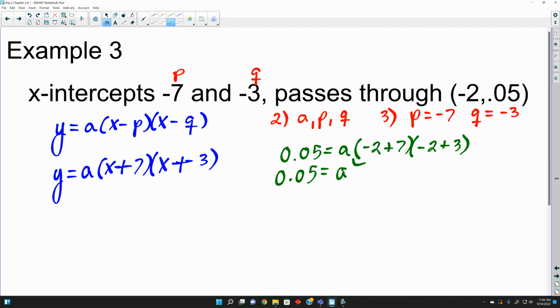Now we can do this by hand, or, since these two are just being multiplied together, we could type that in, and the calculator will multiply them together for us. If we did this by hand, -2 plus 7 is 5. -2 plus 3 is 1, and A times 5 times 1 is 5A.